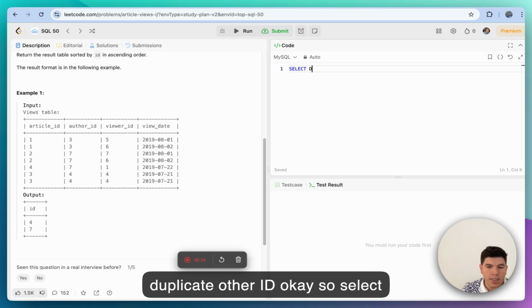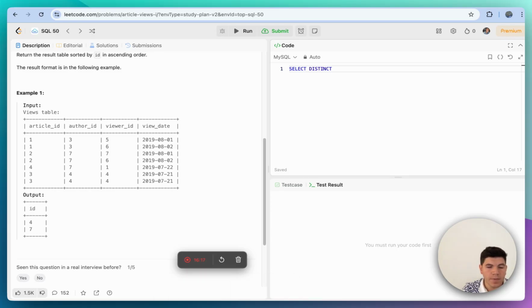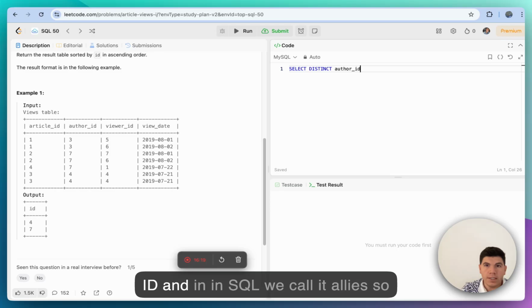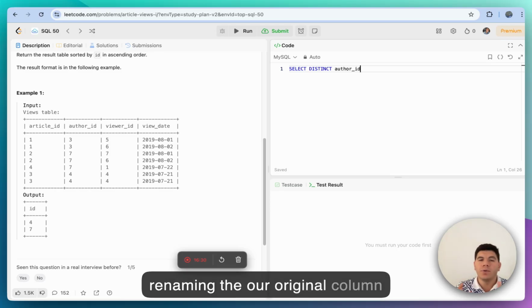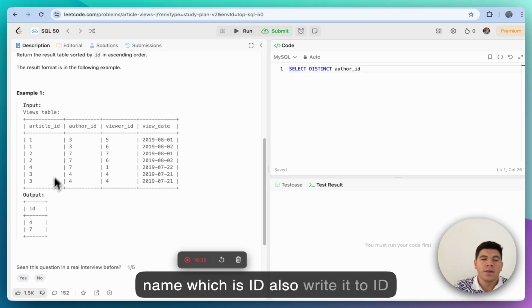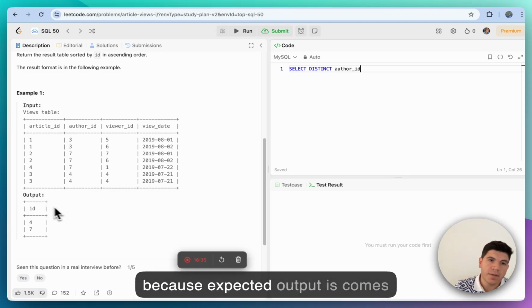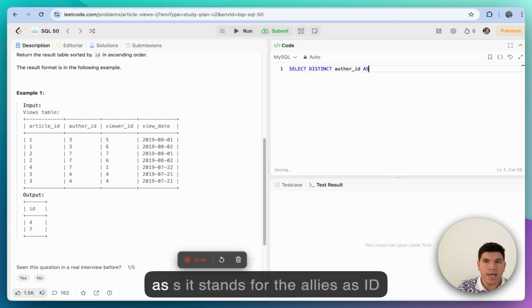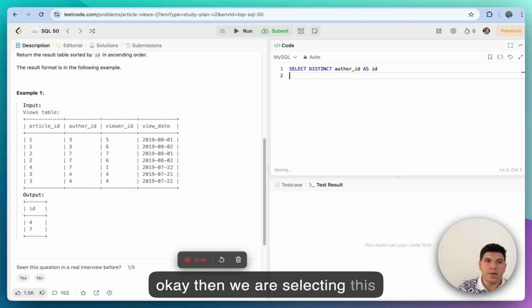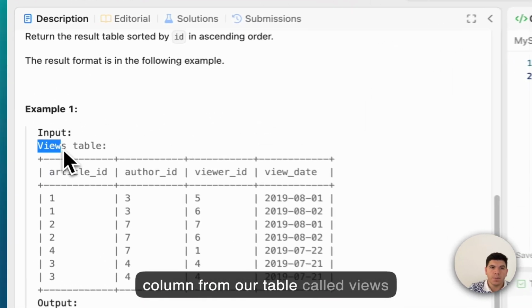Okay, so select distinct author ID, and in SQL we call it an alias, so we are renaming our original column name, author ID, to ID, because the expected output comes with ID. So you use the keyword AS, which stands for alias, as ID. Then we are selecting this column from our table called views.